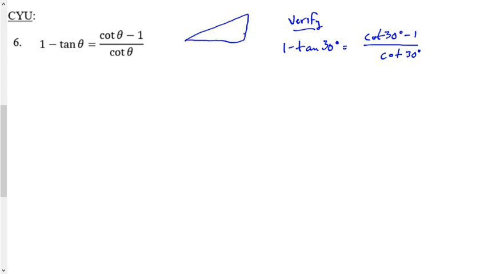Pretend it's a right triangle, with this being my 30-degree angle. Again, you could look at this point on the unit circle, but for the special triangle, this would be a 1, a 2, and a root 3. And I'd remember that tangent is y over x. So this is going to be a 1 minus 1 over root 3. And on the right side, cotangent will be x over y. So I'll have root 3 is equal to cotangent 30 degrees.